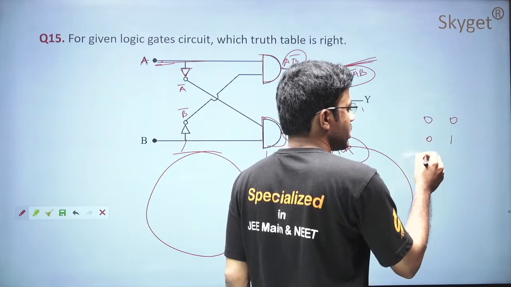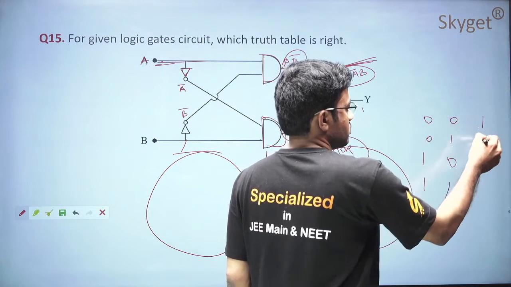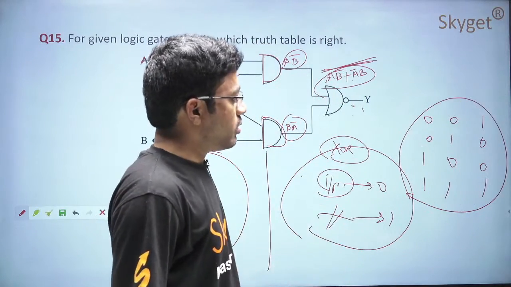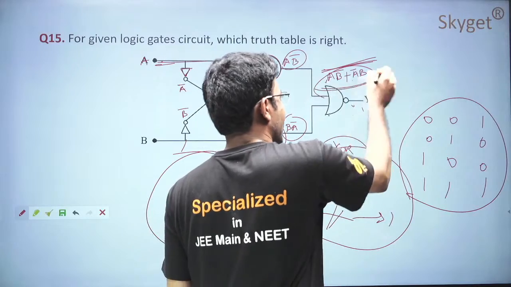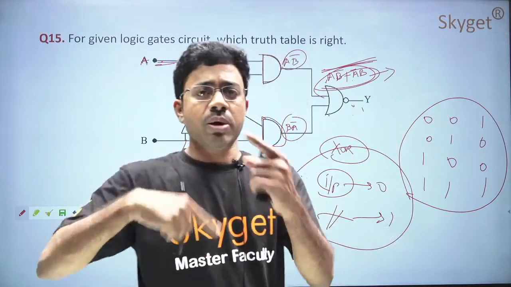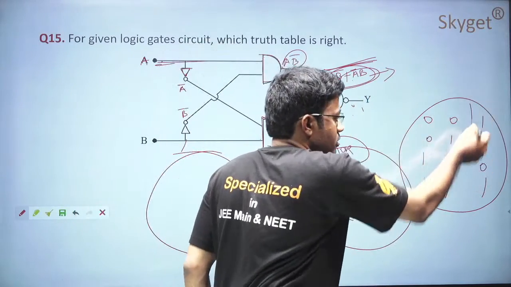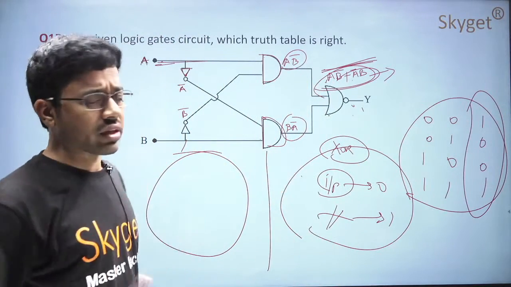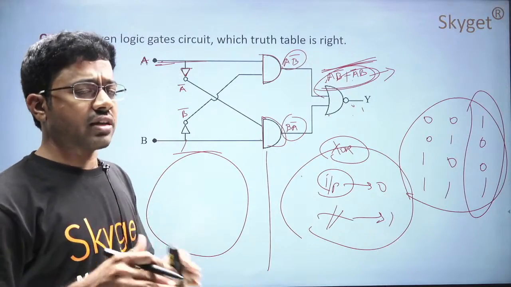If you draw the truth table, this would be the output. This is the XOR gate and you have to complement it, then it becomes 1 0 0 1. So that is the shortcut, if you can really understand it.